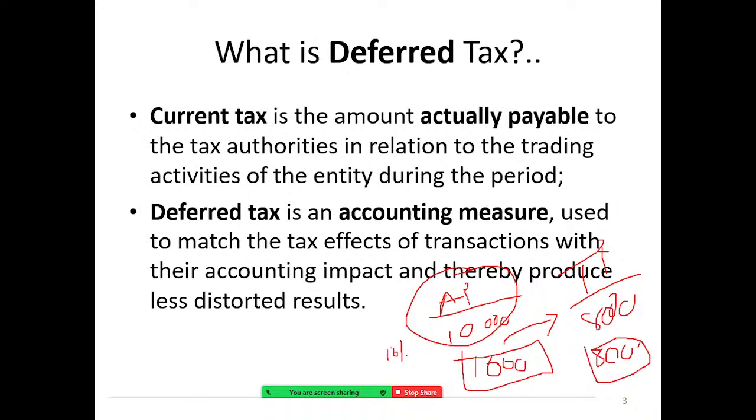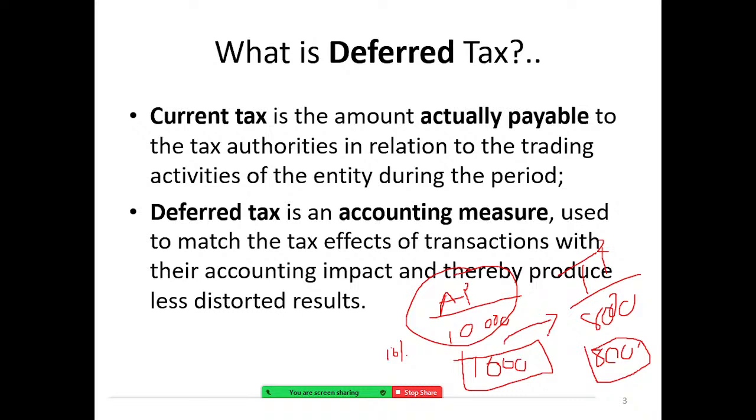So it's easy for me. When you calculate the depreciation, the capital allowance, have you studied capital allowance? What is the major reason for the differences between accounting profit and taxable profit?